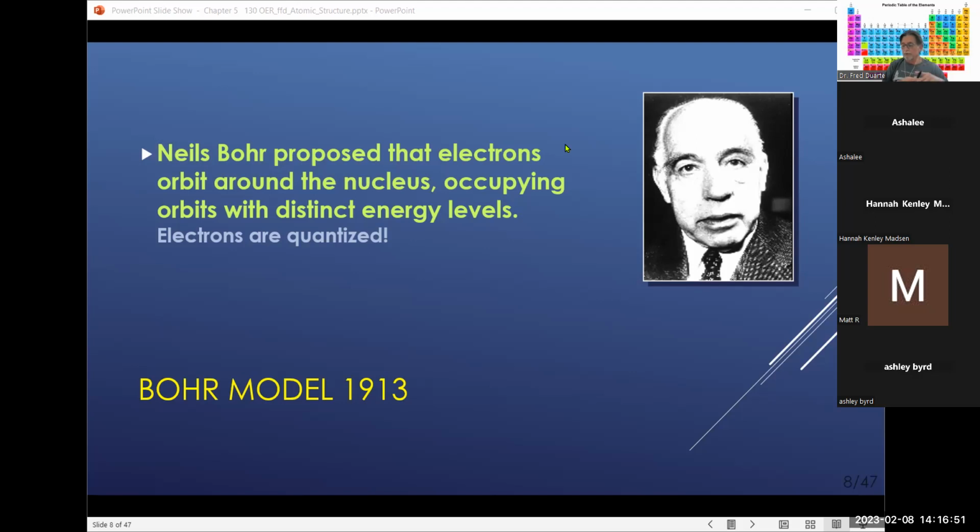So he kind of borrowed from Peter to pay Paul here. He borrowed Max Planck's idea and proposed that these electrons occupy very specific energy levels. So we ended up with the Bohr model of electrons in 1913.